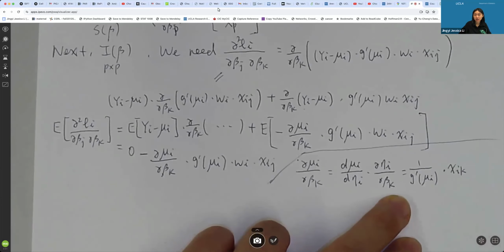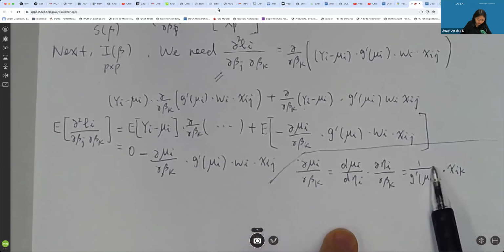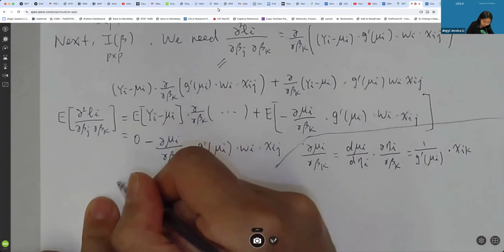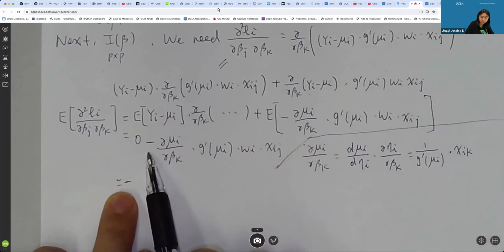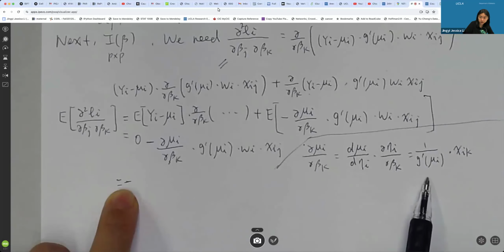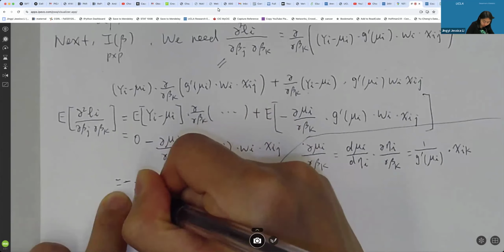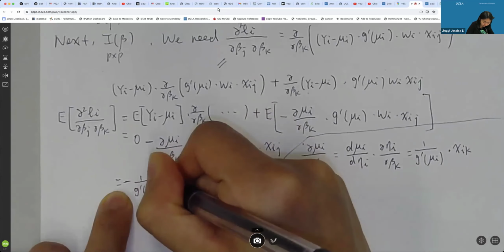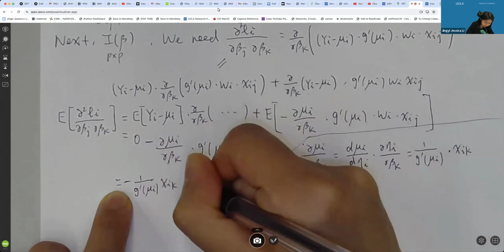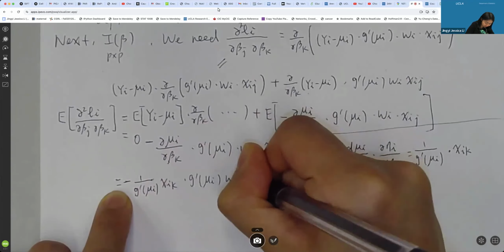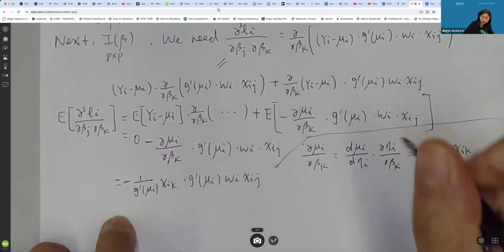Okay, so then with all of this, we put it back. And then you can see we have some nice cancellation. So minus 0 is gone. I put it here. So I get 1 over g prime mu_i x_ik g prime mu_i w_i x_ij, right?